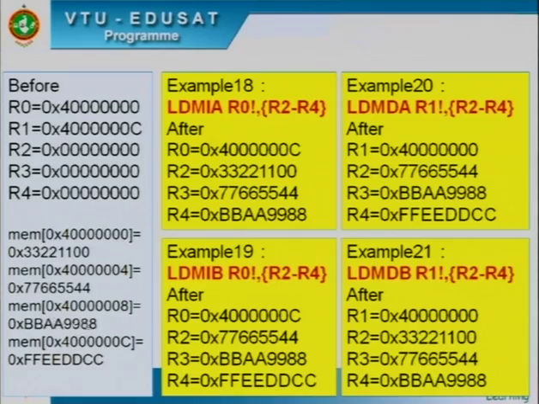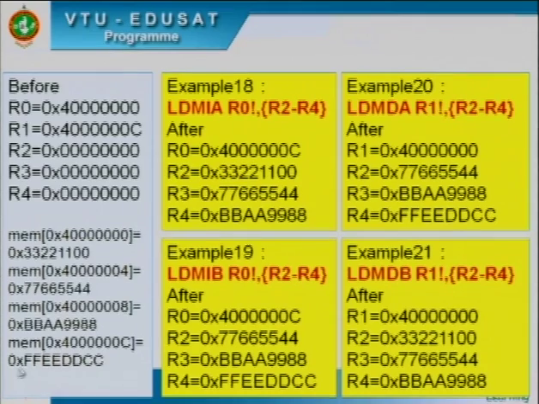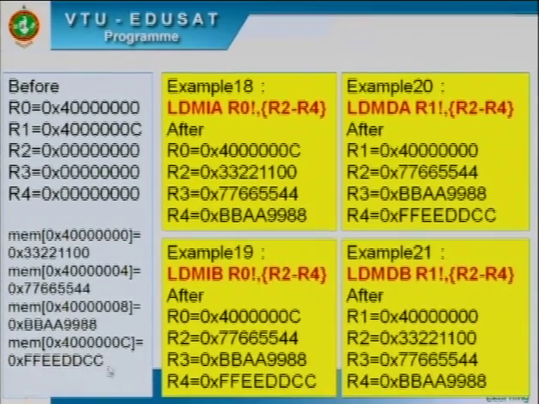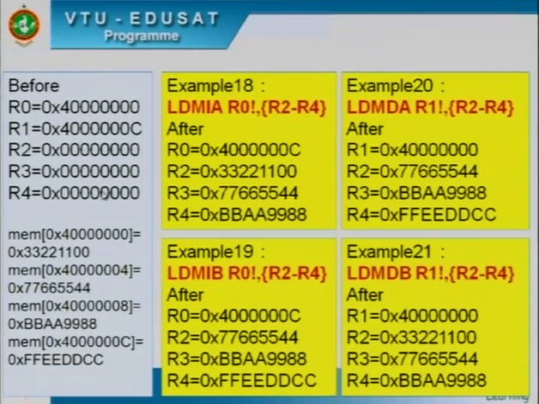The next, 0x4 followed by 6 zeros and 8, has the memory content 0xBBAA9988. Similarly, location C has FF, EE, DD and CC. This is our consideration before the execution of the instruction.